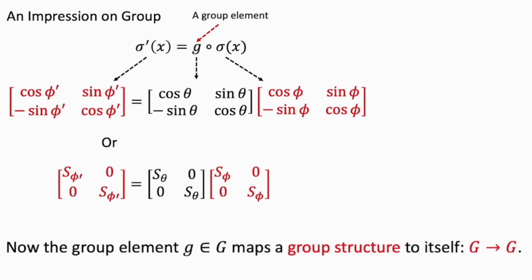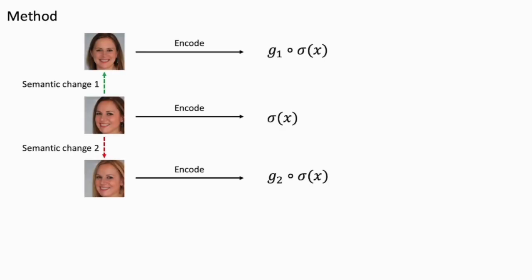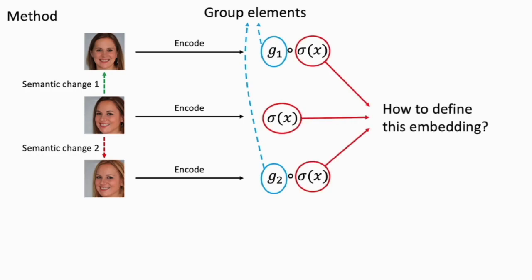It is a very useful property and will be used later in our modeling. Let's look at this example again. We now can see the actions G1 and G2 are different group elements, but now the problem becomes how do we define this embedding or representation function?